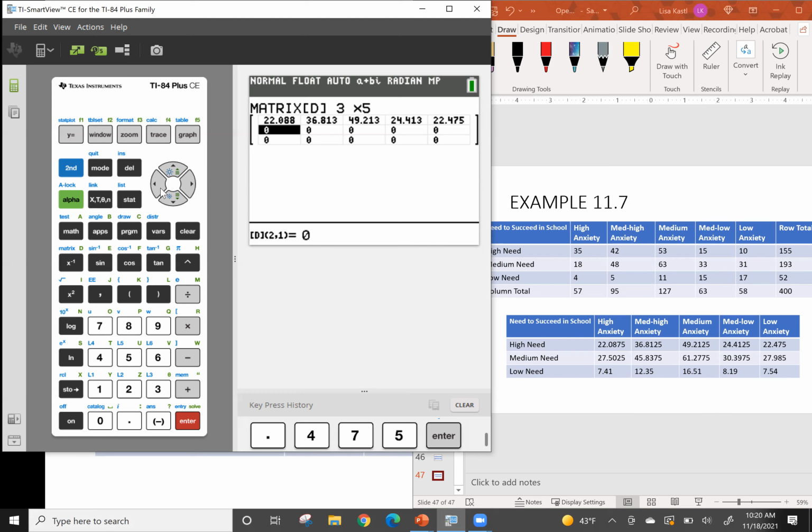Okay, so I'm going to put the second row in. This is the hardest part of doing these problems, is getting this stuff in your calculator.